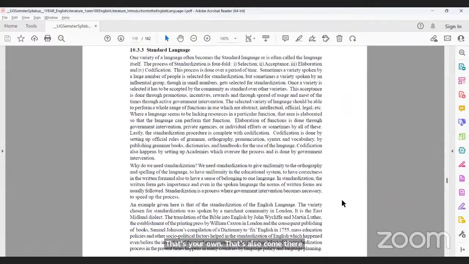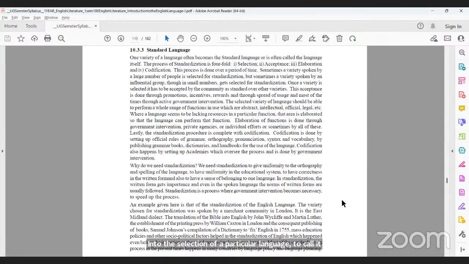Taking all these aspects, accent, colloquial usage, vernacular feeling, and your pronunciation can make a change in the selection of a particular language to call it a standard one.